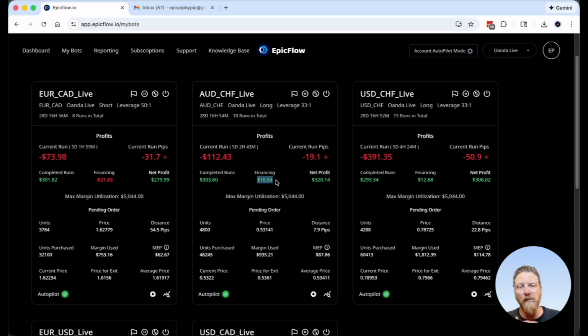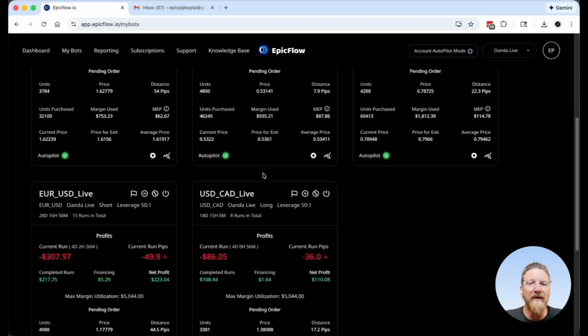This is the daily swap fees as we hold positions over a 24-hour period. So even if we don't have exits during a day, we are still accruing that finance credit into our balance every day. Relatively small here since we're using a small amount. Some of the other users that have larger positions are generating significant interest rate payments every day. So that's another added benefit with the pair selection that we have.